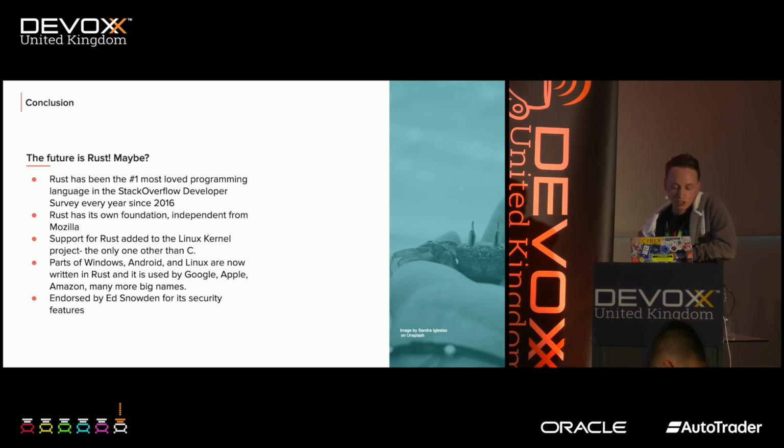It's also been endorsed by Ed Snowden for its security features. I sort of glossed over security just for limited time, but suffice it to say that the same sort of features and approaches that enable Rust to be very robust and safe also give it very strong security features.